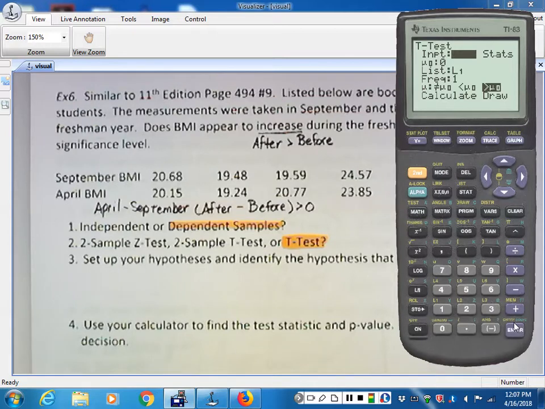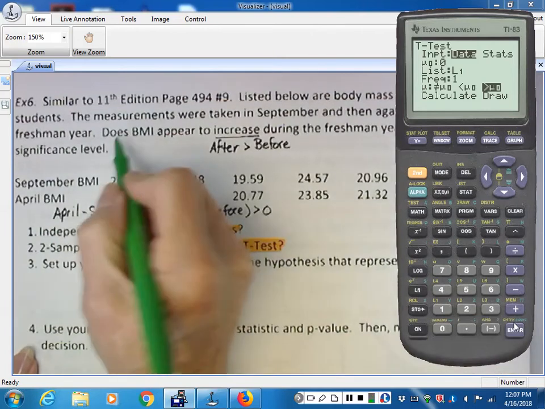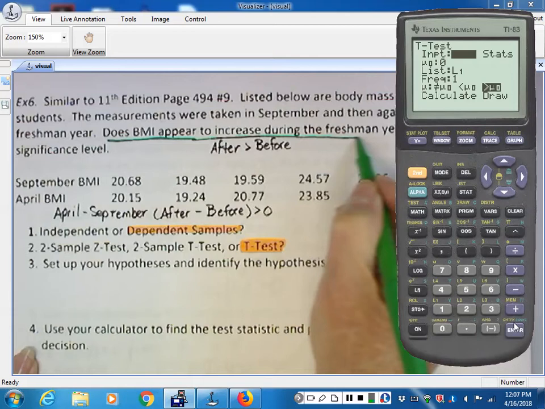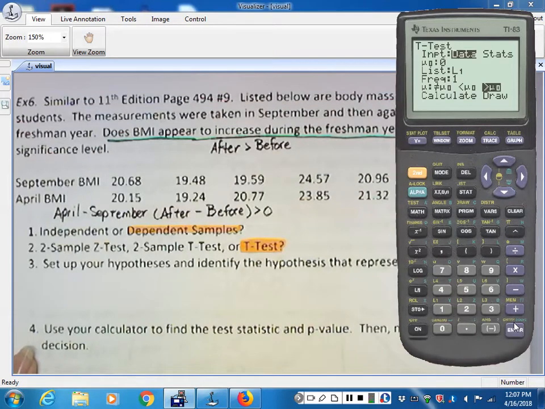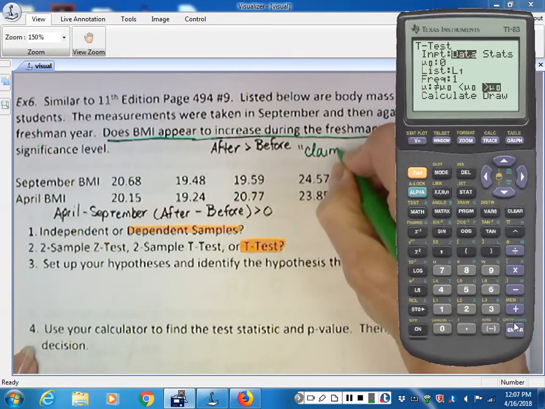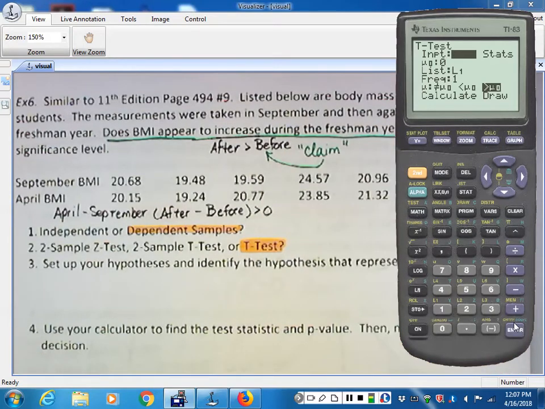So now we need to set up our claim and our hypotheses. So we're gonna go back up here to the claim, and it doesn't spell out this is a claim, but it says, does BMI appear to increase during the freshman year? So that claim is that the difference should be positive. So it should be greater than 0.